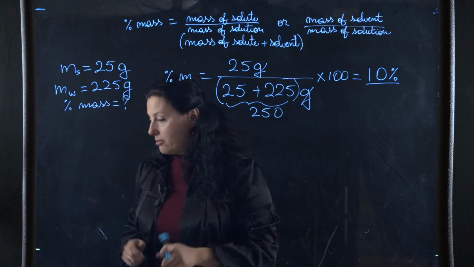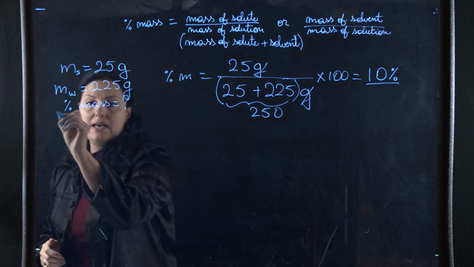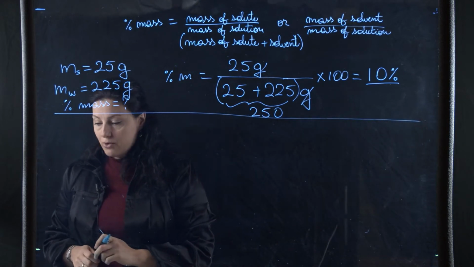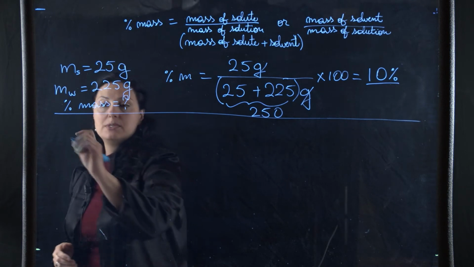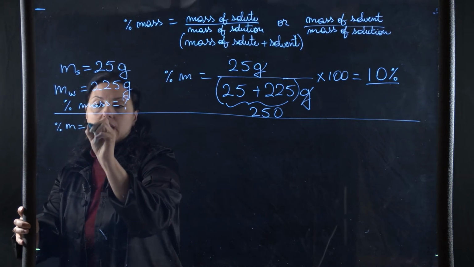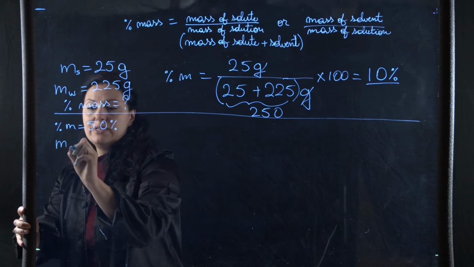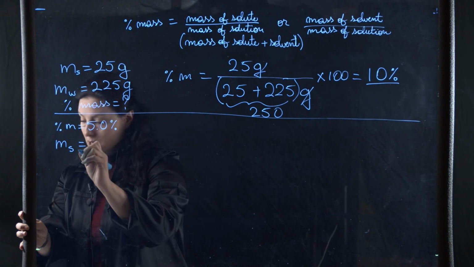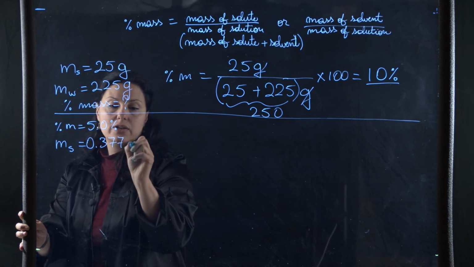Let's look at problem number 4. A student wants to make a 5% solution by mass of rubidium chloride using 0.377 grams of the substance. So I have a percent by mass, 5%, and I have the mass of my solute as 0.377 grams.